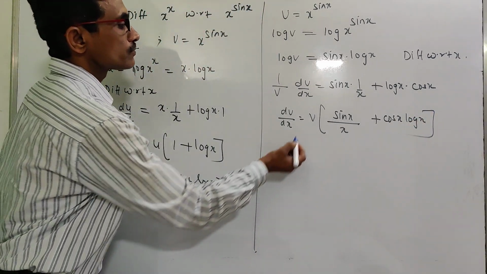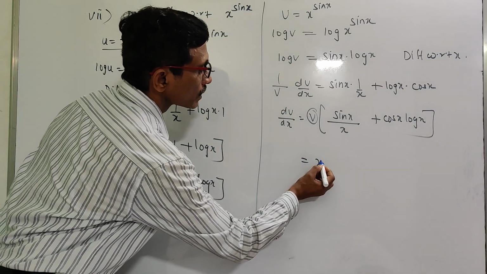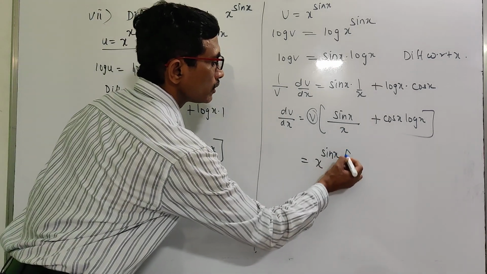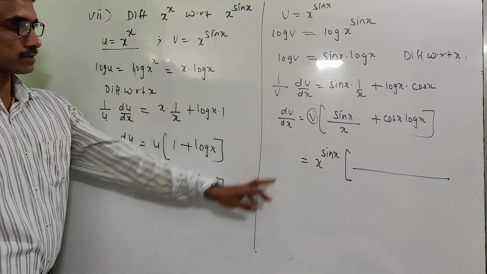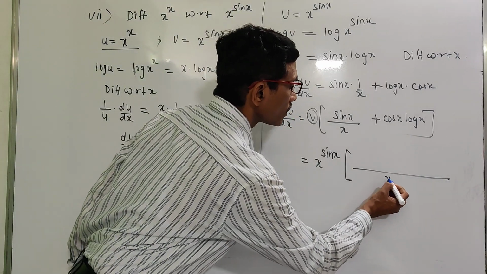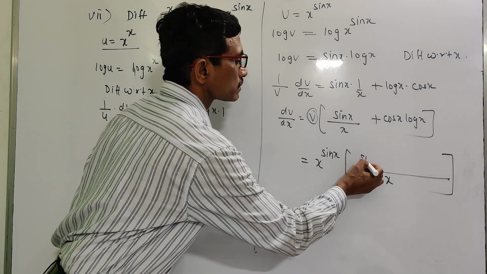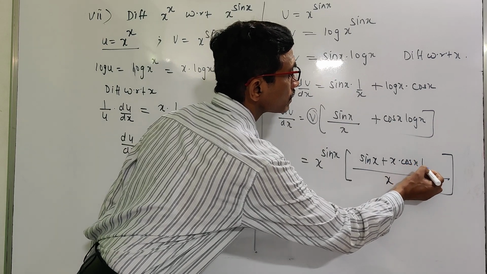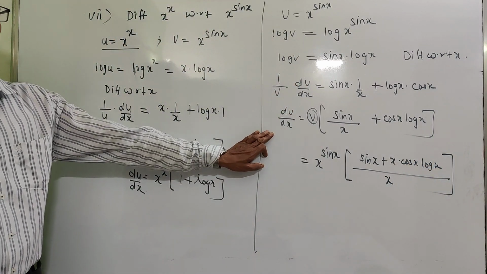Now this v is what? x raised to power sin x. So x raised to power sin x into, we can take the LCM. x is the LCM of the denominator, which gives sin x plus x cos x into log of x. This is what dv by dx.